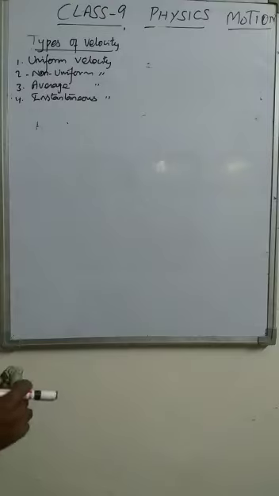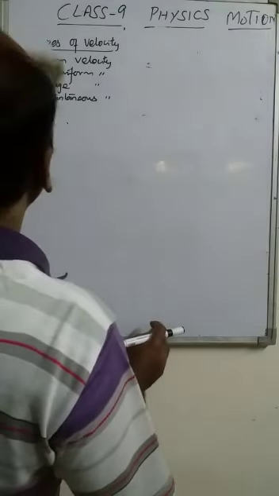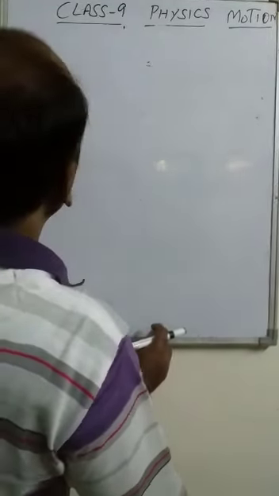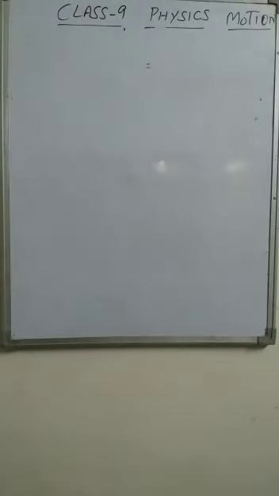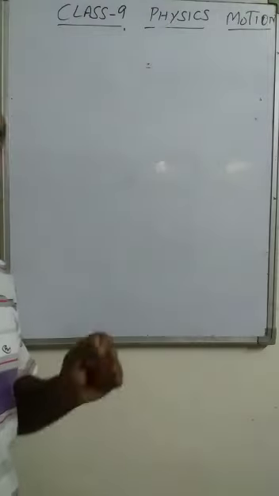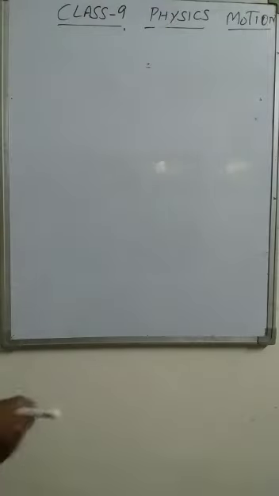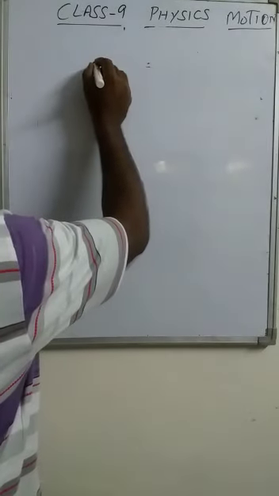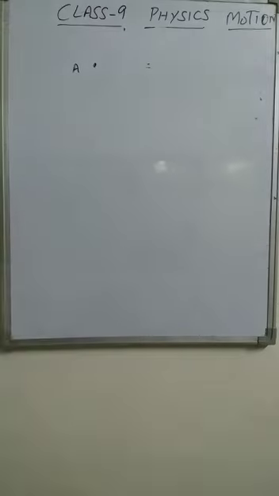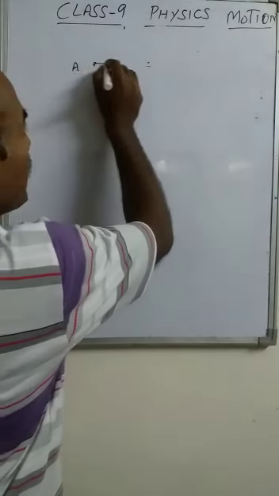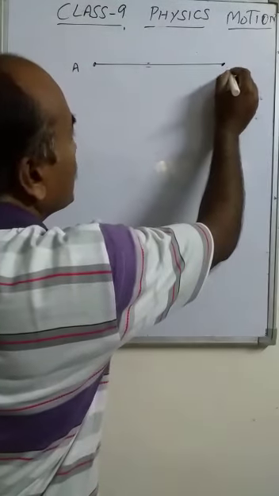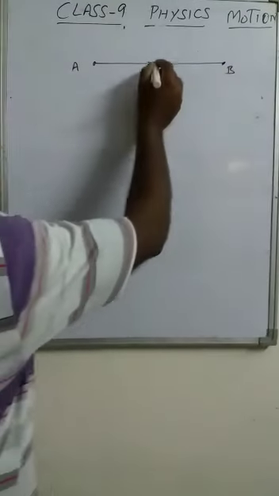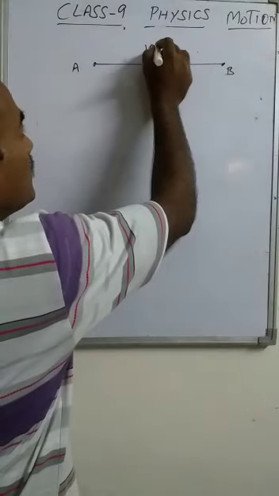Now we are going to calculate the average speed and average velocity by taking examples. This is somewhat important. Suppose a person is traveling from one point to another point. It is from A to B. Let us take the distances.